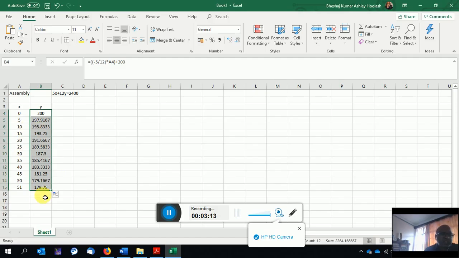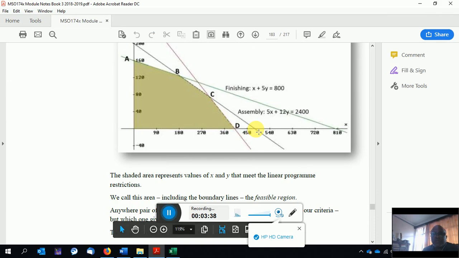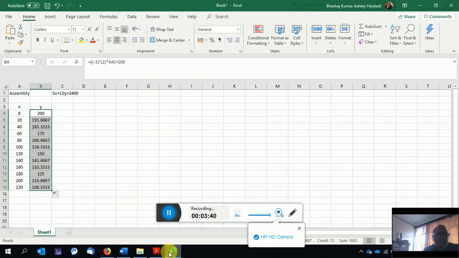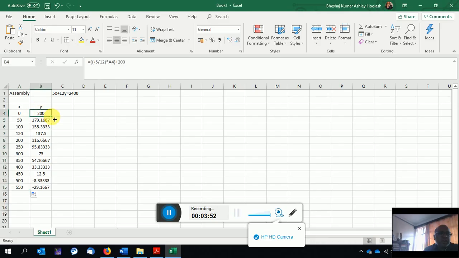No, that's still going to take a lot of time for me to reach the x-axis. Let's see what it gets. Right, at 450x. Okay, so we can just increase by, let's say, 50, just to keep it short, right? And there you go.